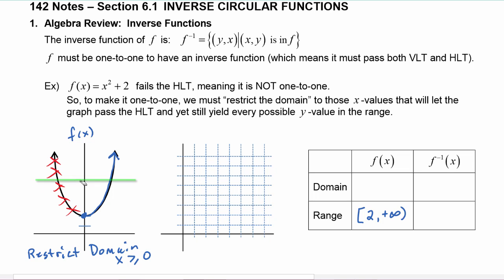Now it would pass the horizontal line test because a horizontal line would only hit the function in one point, and yet we still have every possible y value from 2 to infinity. So we will restrict the domain of f of x to be 0 to plus infinity. In other words, x greater than or equal to 0 is the same thing in interval notation as 0 to infinity.